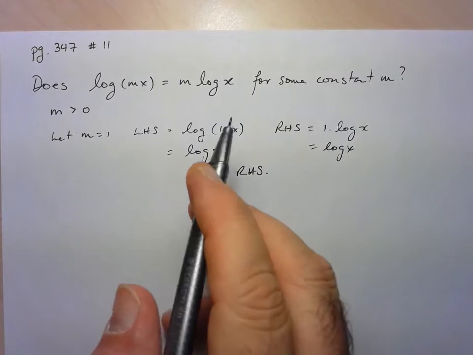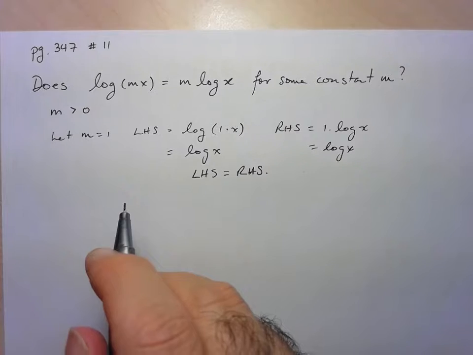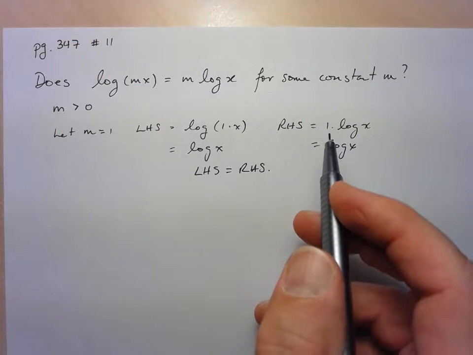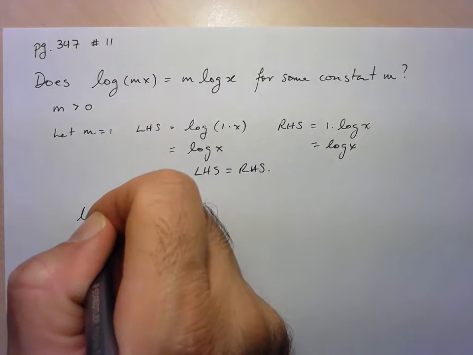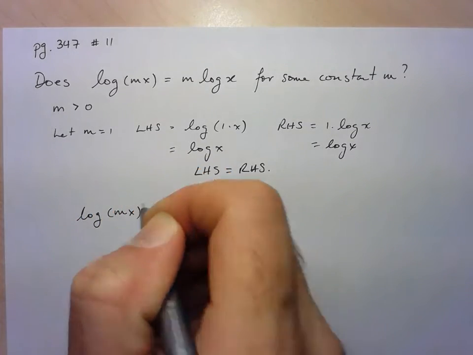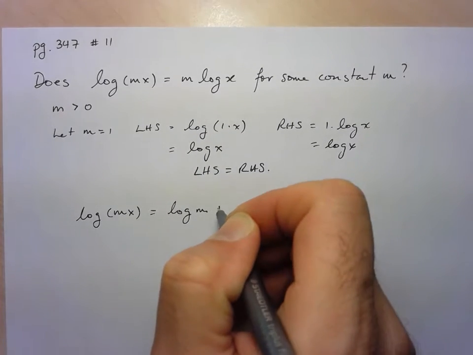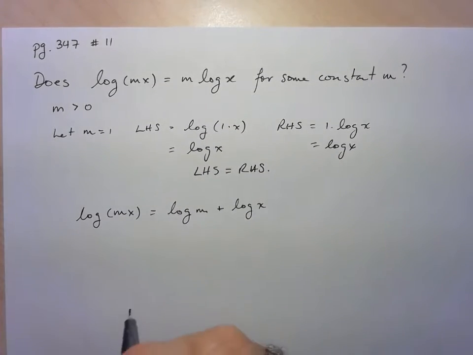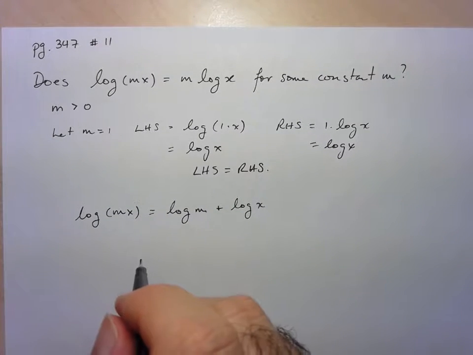The question is, is there any other value of m for which this might be true? My first instinct is to say no, because if I take log of mx, I know that this can be written as log of m plus log of x by our first logarithmic law.